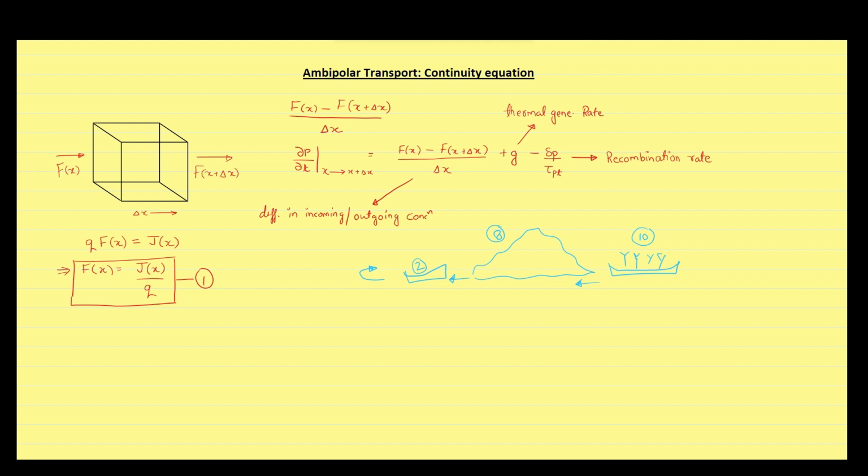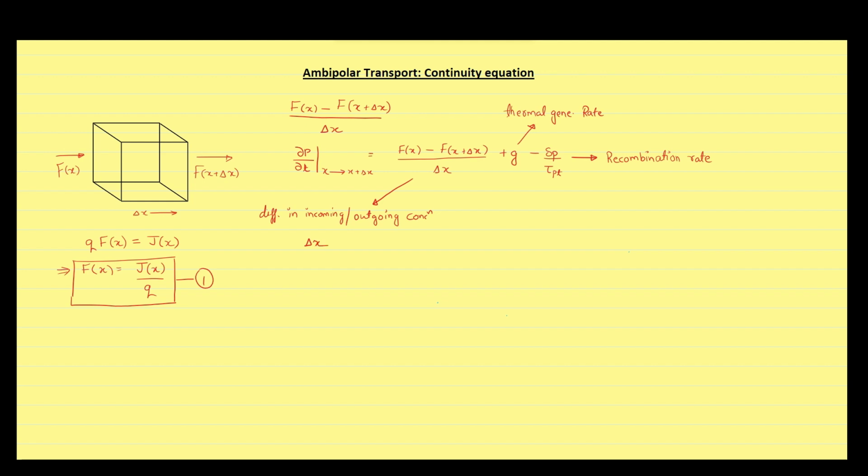You can assume that the incoming influx of people is Fx, and the outgoing influx is Fx plus delta x, and the generation rate can be assumed to be the birth rate. Similarly, the recombination rate can be assumed to be the death rate.